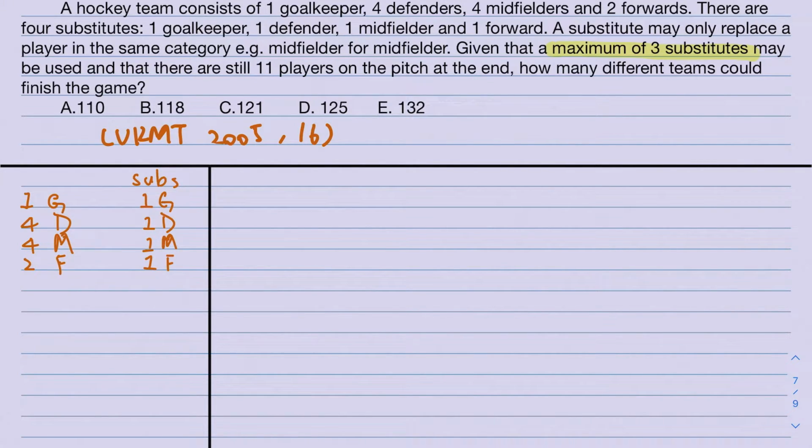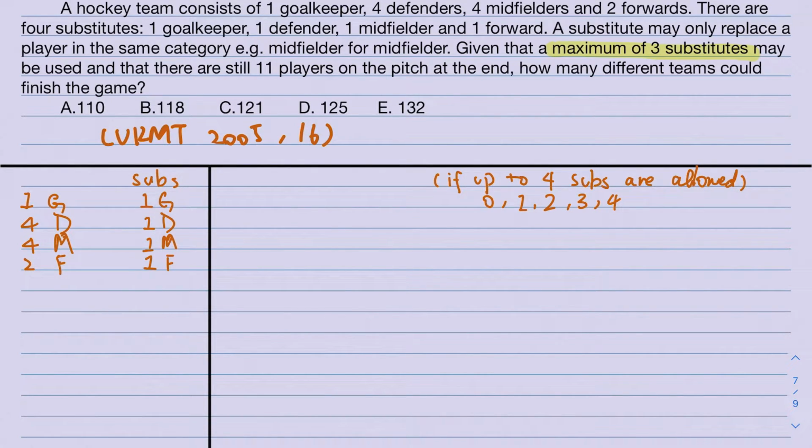So if up to 4 subs are allowed, this means you could have no sub, 1 sub, 2 subs, 3 subs, or 4 subs.